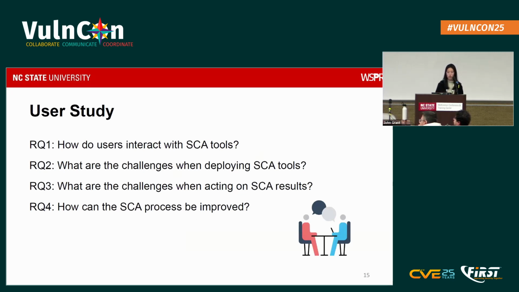We start with a general question: how do users interact with these tools? And then we focus in on what are the challenges when they're deploying these tools? And then following the flow of the SCA process, what are challenges when they act on these results? And then finally, we want to answer how can the entire process be improved?